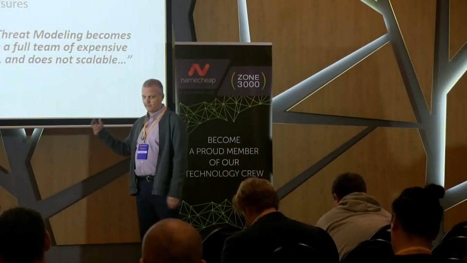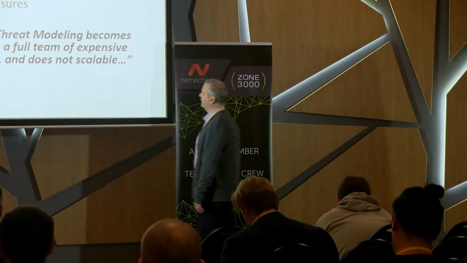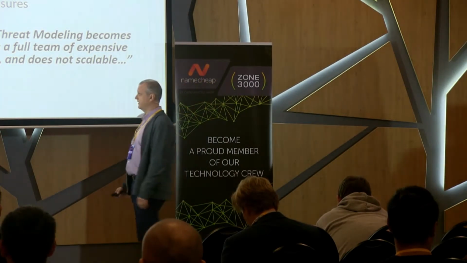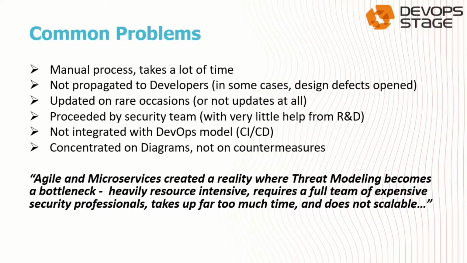And as a manual process, it's not suitable for a CI/CD pipeline either. It requires security professionals in place. It's not scalable, so we have a lot of problems here. But threat modeling is very important, so we want to have it as part of our process and part of our pipeline.